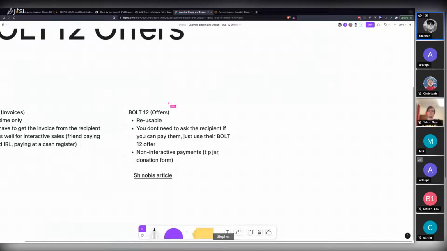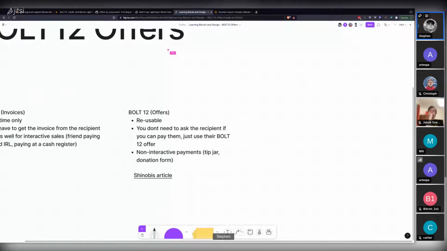Exactly. Now, if we want to get a little bit technical here, what's really happening is the Bolt 12 offer is telling the two Lightning wallets how to communicate with each other. Let's say I'm the musician with the Bolt 12 offer and you want to pay me.